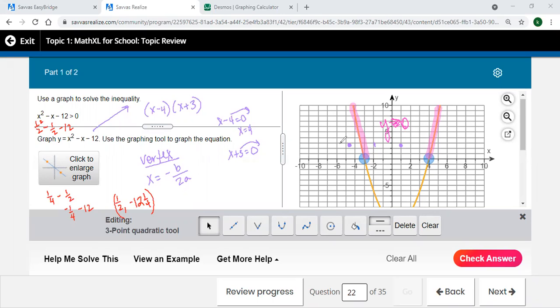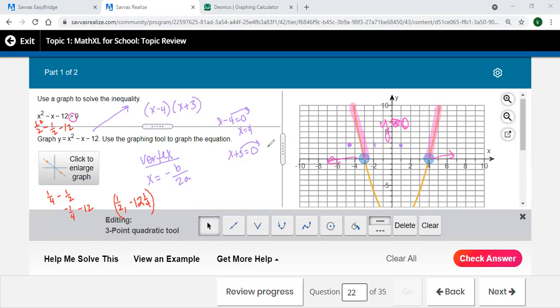So where does that happen? From this point to the left, of -3, and from the 4 to the right. And then the -3 and the 4 themselves are on the x-axis, so they equal 0, which is neither. 0 is not greater than 0. So it's just those others.